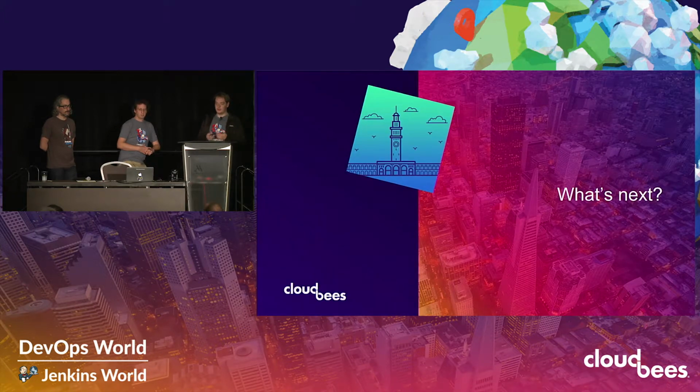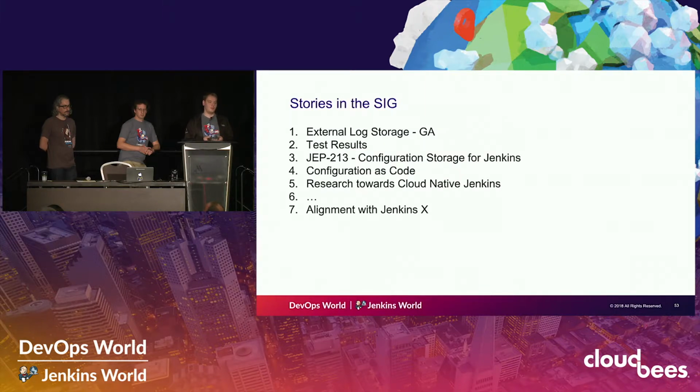And of course, there are a lot of stories to happen before this Ephemeral Jenkins and cloud-native Jenkins come to production. Lots of stories can be delivered early, so it's not a big bang release at some point. It will be a gradual change. The stories we want to work on in the Cloud Native SIG are, of course, external log storage.